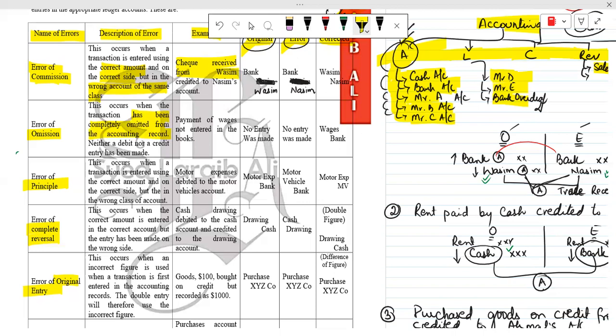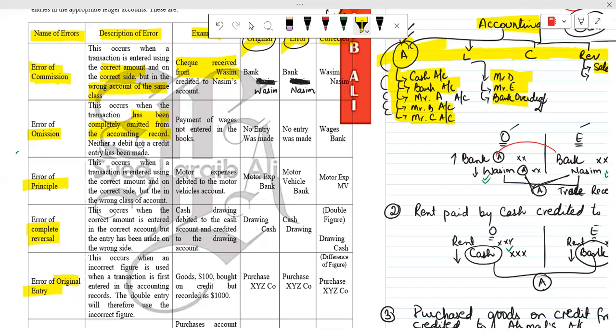So at this time, you will be able to identify that this is the error of omission. Secondly, it may also be written that payment of wages completely omitted from the books, not entered in the books or completely omitted. This word will help you identify that this is the error of omission.